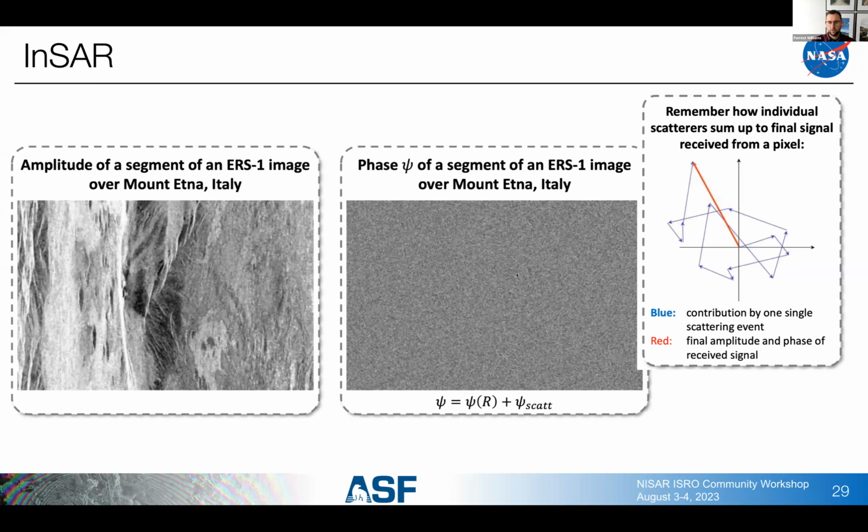But the phase component, when you look at it in a raw SAR image, often just looks like white noise or random values. That's because the phase component is highly variable from place to place. The reason is that when a SAR signal is traveling from the satellite to the Earth, it goes through many, many different phase cycles, on the order of millions to billions, I'm not quite sure.